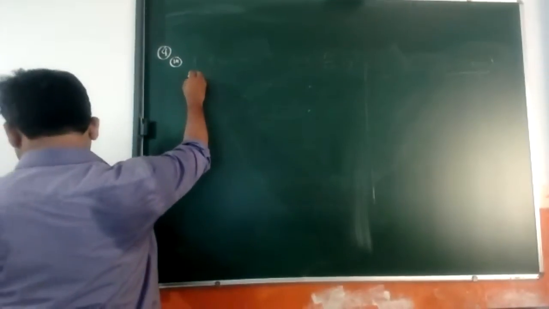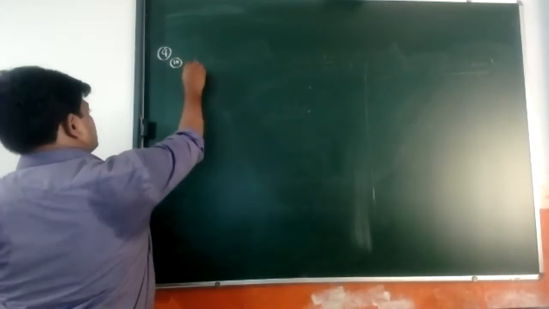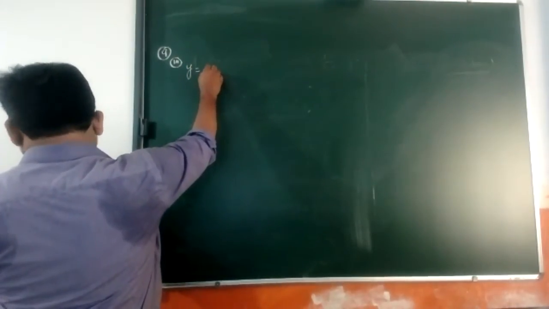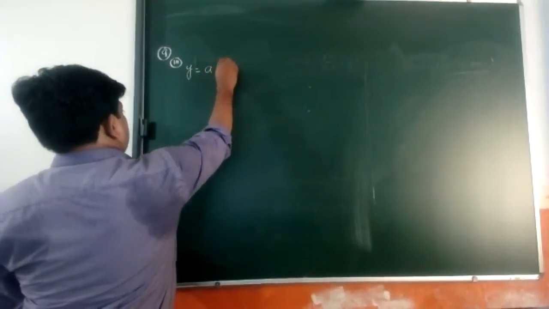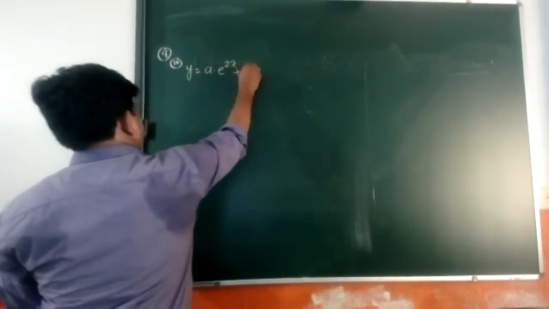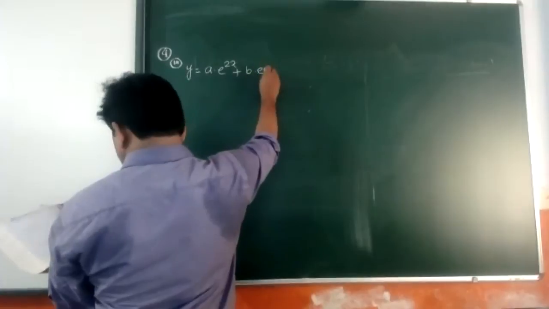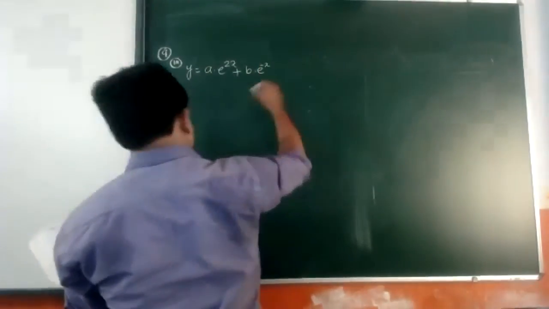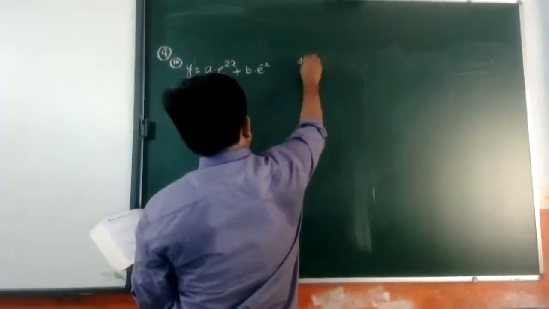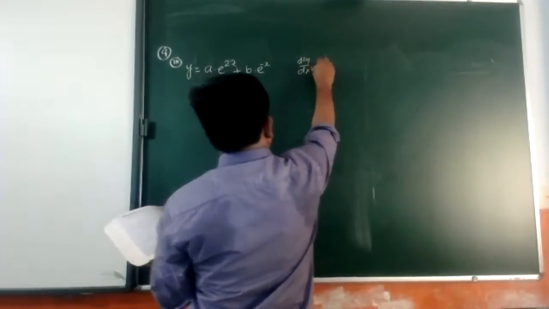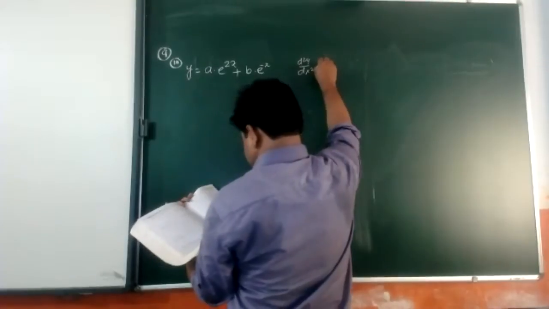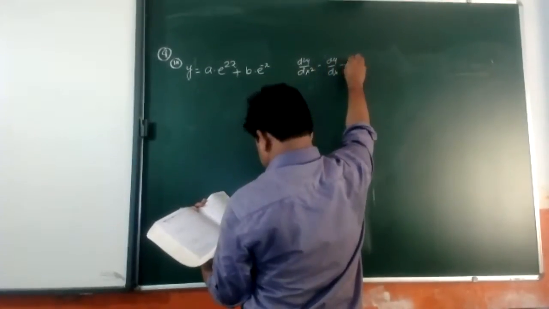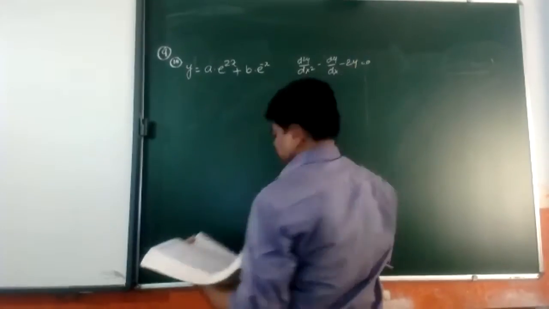It is given y is equal to a into e to the power 2x plus b into e to the power minus x, and what we have to prove is d2y by dx square minus dy by dx minus 2y equal to 0.